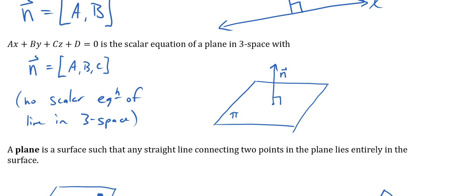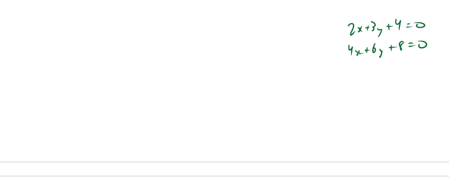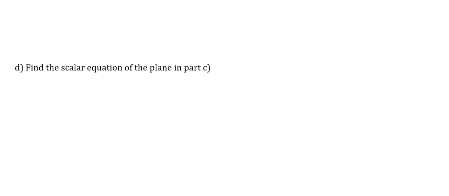It's missing the d, but it's basically the equation. The normal vector is the coefficients of the x, y, and z. And if I have that, I don't know d, but then what could I do? Yeah, we have points on this plane. We can find points in planes. I could solve for d. Very nice. We worked together for that one, but we did a pretty good job.